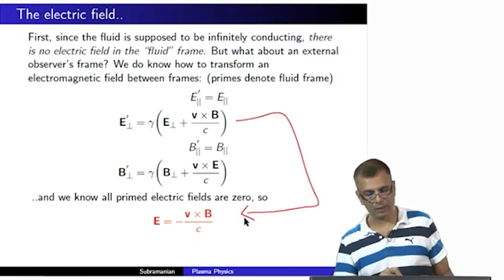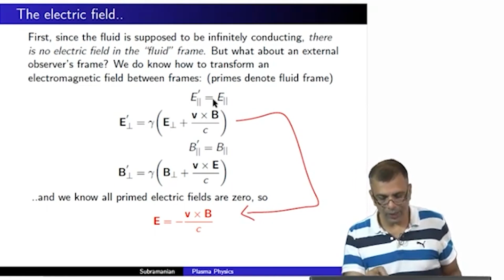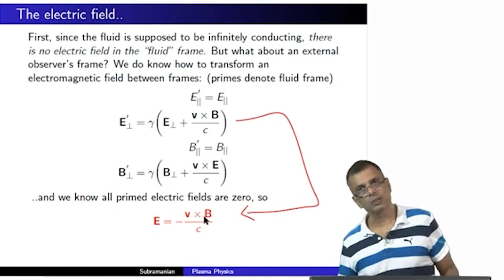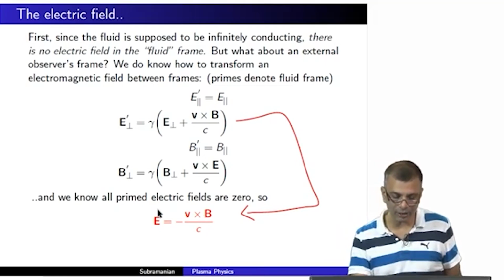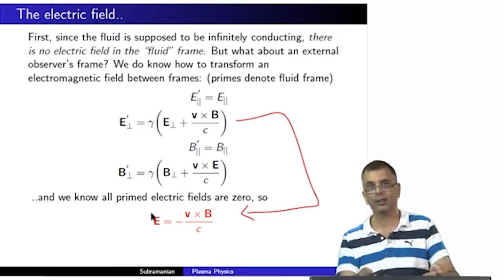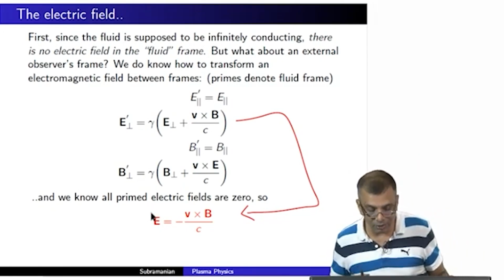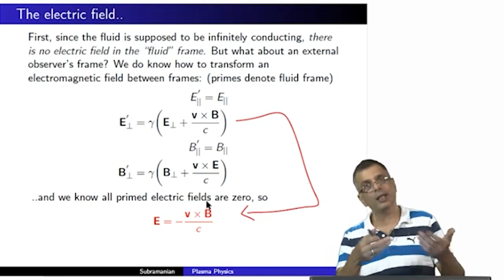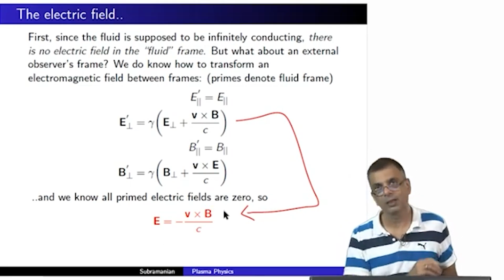This is very interesting. Okay. So the quantity in the brackets is equal to 0 and that just gives you this. So now pay close attention, this is the electric field not in the fluid frame, that is always 0, but this is the electric field in the external observer's frame. And that is non-zero, that is related to the magnetic field that the external observer sees in this manner.